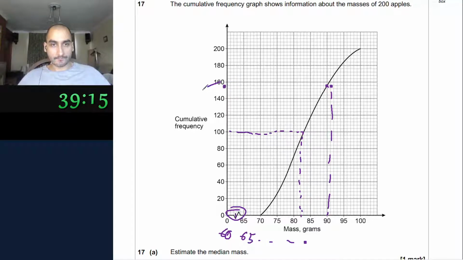So, yeah. Let's say about 156. I can't really tell exactly where the line crosses. So what do we do?